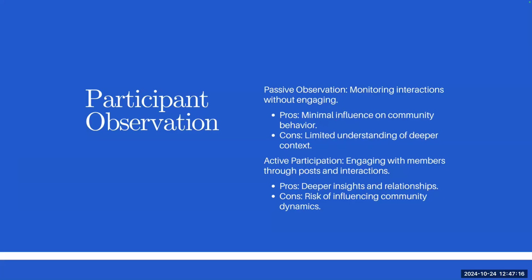Okay, so participant observation, I think we've talked about this heavily enough throughout the semester, but nevertheless, within ethnographic research, we're talking about passive observation, which really just involves monitoring interactions with a community without directly engaging in the activities or conversation.